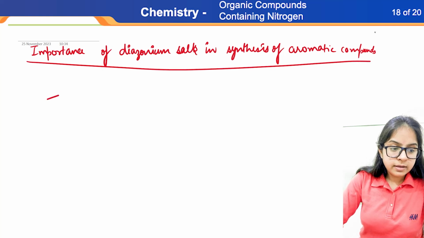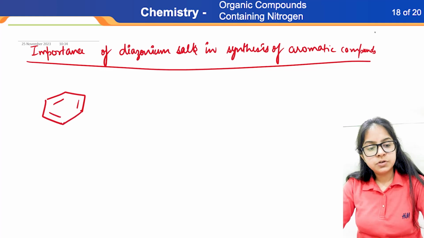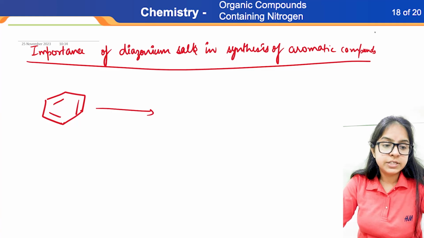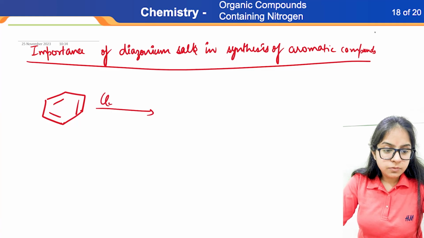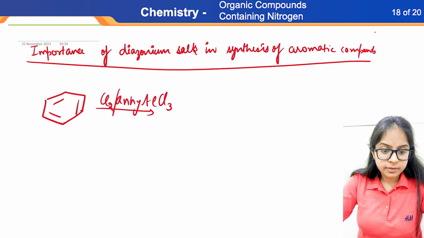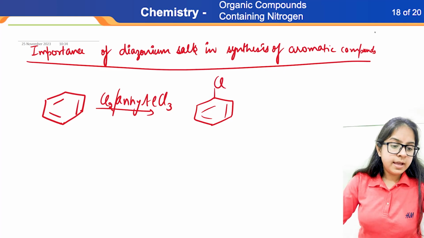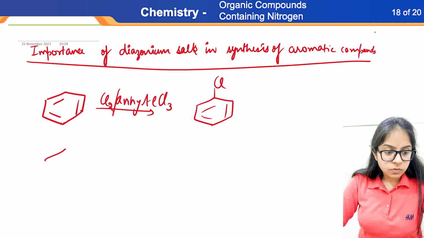You know that the formation of substituted benzene is very difficult. You need to take different reagents, suppose Cl2 with anhydrous AlCl3, to put the Cl on. Now the next one is the diazonium salt.